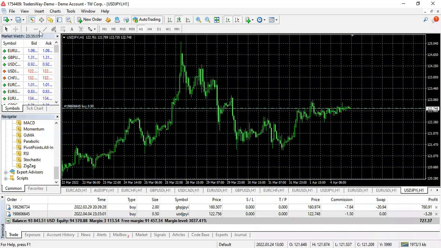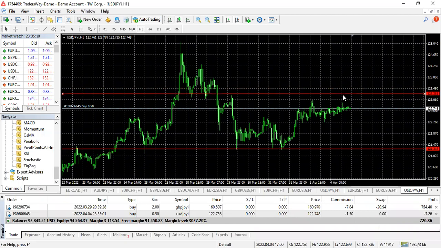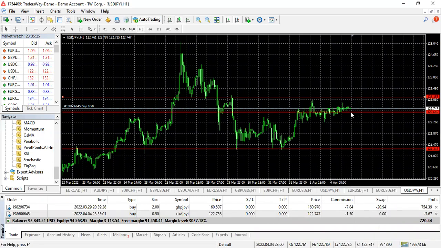And I set my stop loss here and my entry point is here. This kind of trade tells us that whether the market hits this stop loss or not, I'm going to close this particular trade at an exact point.